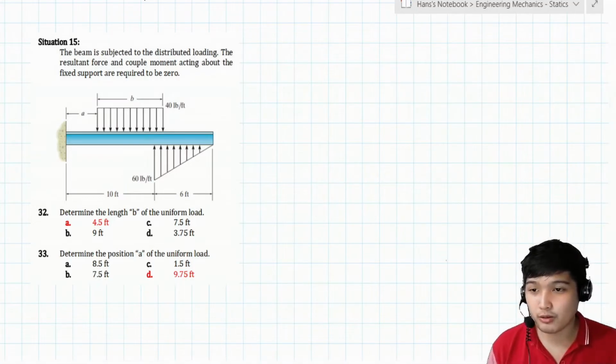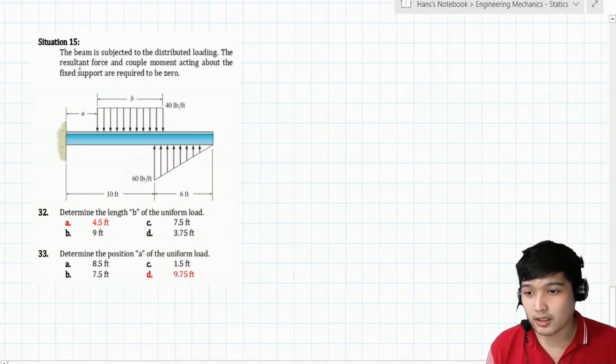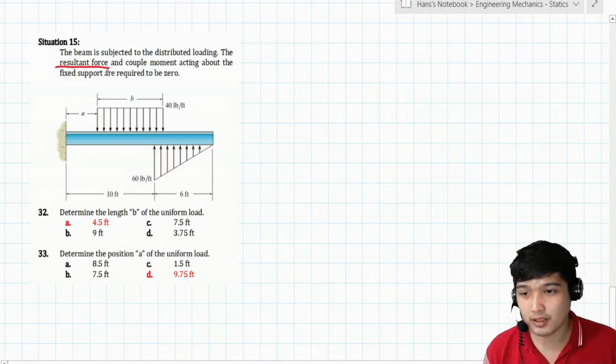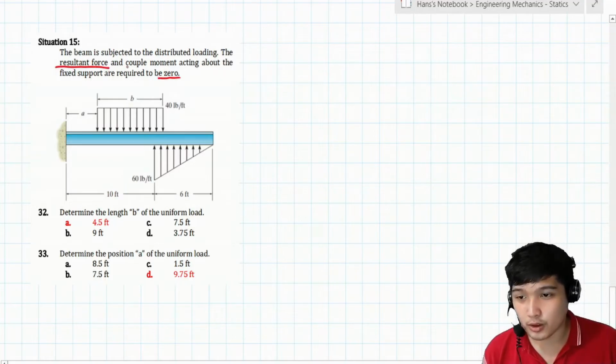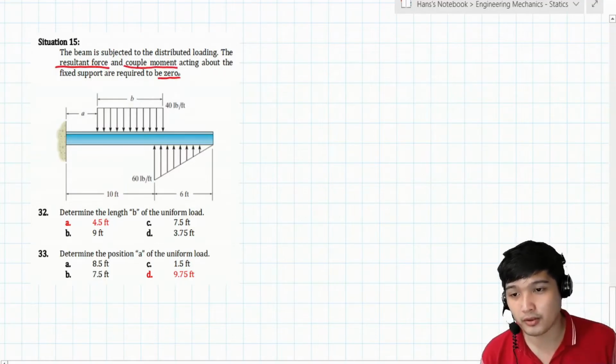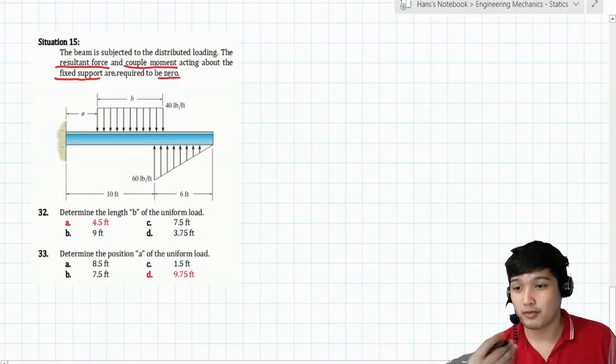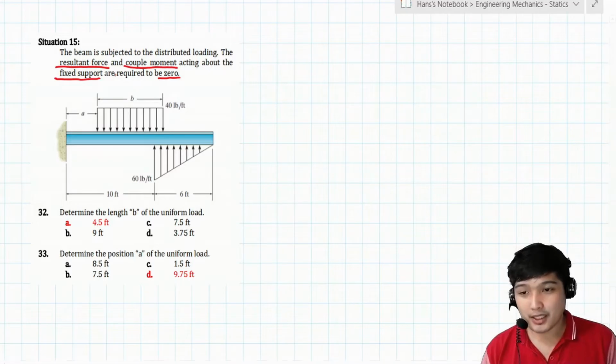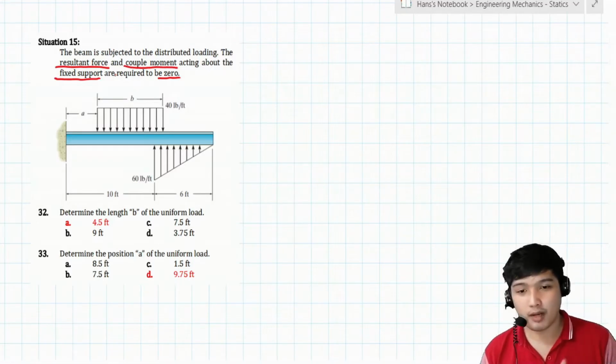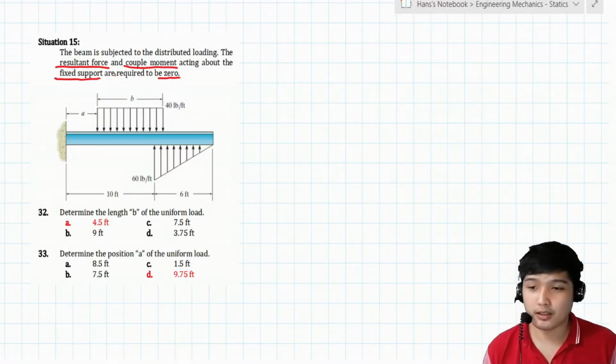May binigyan na siyang clue, no? Sabi, yung resultant force daw, dapat is what? 0. So, ganun din daw yung couple moment. So, yung magiging moment ng mga forces natin sa fixed support, no? Yung moment niya is dapat 0 rin. So, yun yung magiging mga clue natin sa mga solution natin later on.